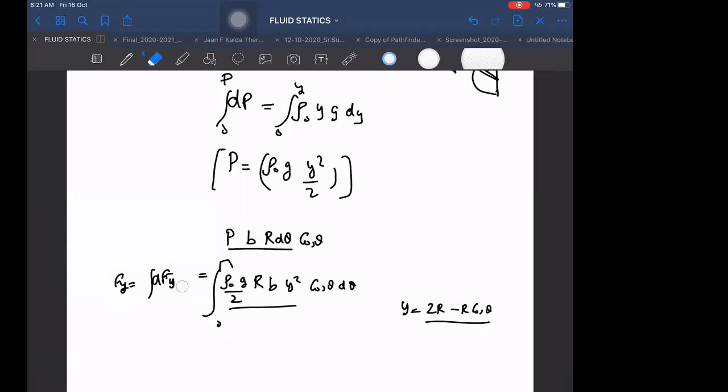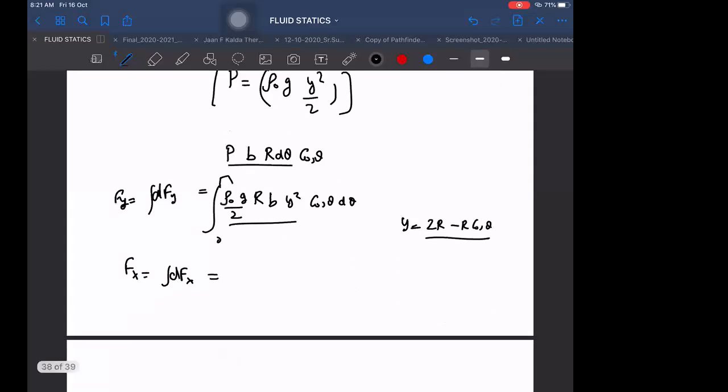So now Fx will be the integral of dFx. What is that? Rho naught into g into r by 2 into y square into b into r, except instead of cos theta, it will be sin theta d theta.